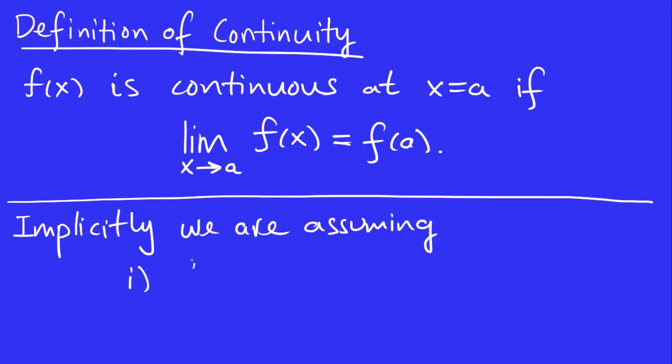First of all, we're assuming that f of a is defined, right? We couldn't even write this statement if f of a wasn't even a number. How can we write an equals between two quantities if f of a doesn't even exist? So when we write this statement down, it's automatically assumed that a is in the domain of f, right? f of a is defined.